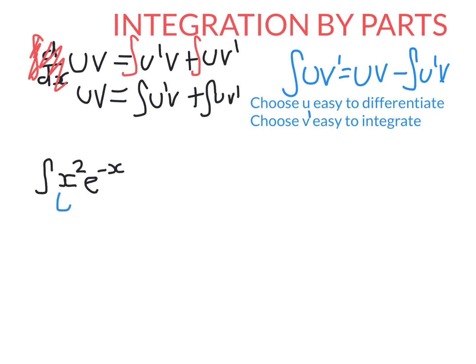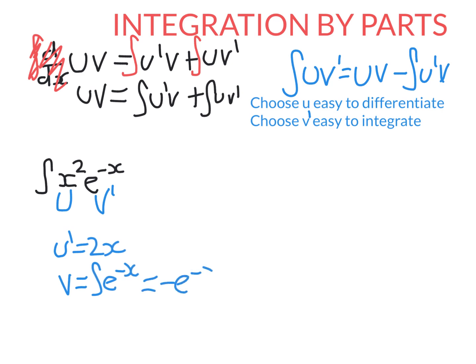So I'm going to choose u as x squared. It's easy to differentiate, and I'm going to choose v dash as e to the minus x because it's easy to integrate. So if u is x squared, then u dash is just the derivative of that, which is 2x. And v is going to be the integral of e to the minus x, which is just minus e to the minus x.